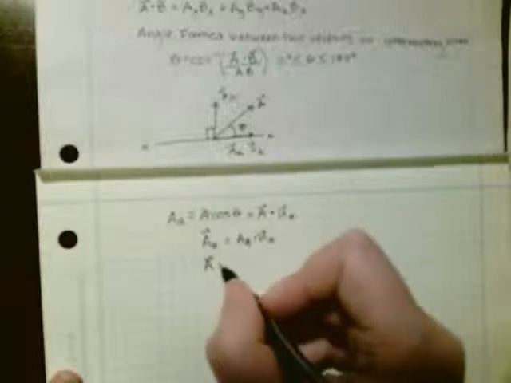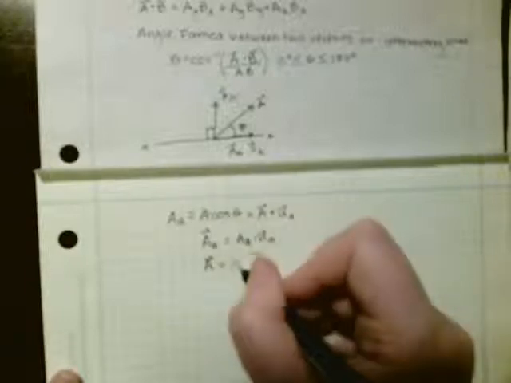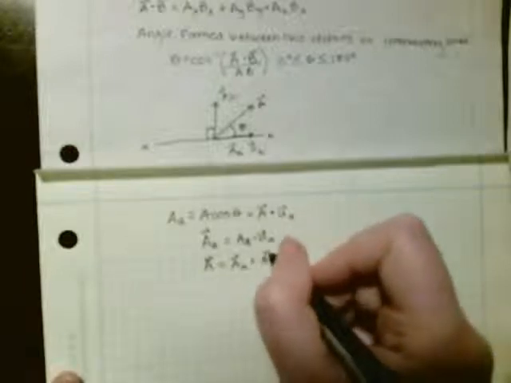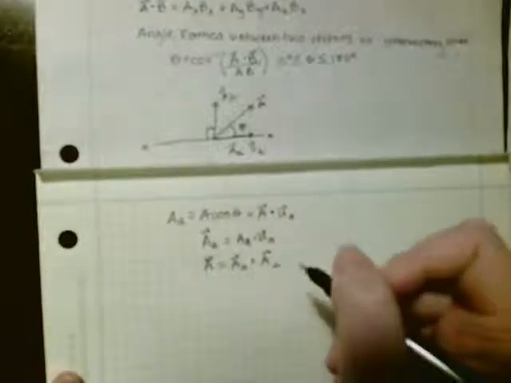And then our vector A is equal to the vector A parallel plus A perpendicular.